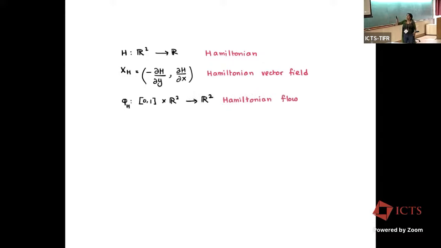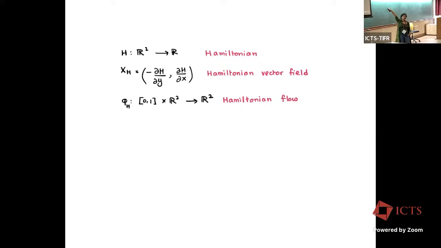Okay, so revision. h was a function from R² to R, and we'll call it the Hamiltonian. And this XH, which we found by taking the gradient and then rotating it, is called the Hamiltonian vector field. A vector field is where at each point you have a vector. So here at each point you can evaluate XH and you'll get a vector. And then we had a flow, which was for any time.